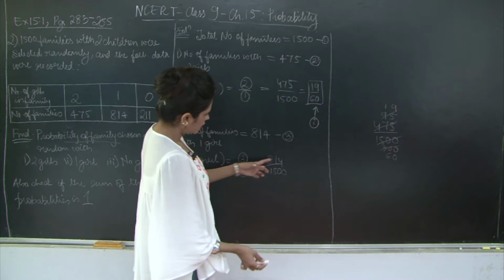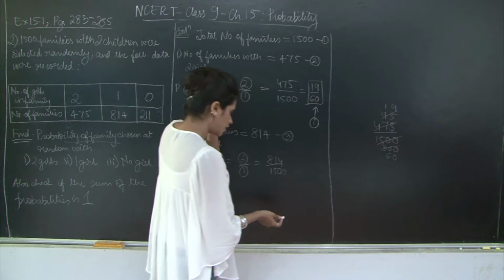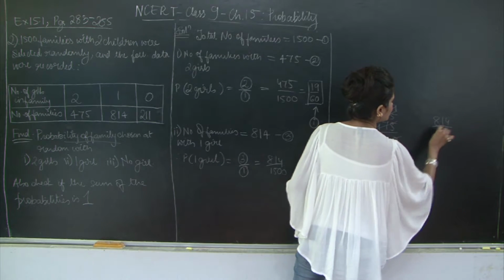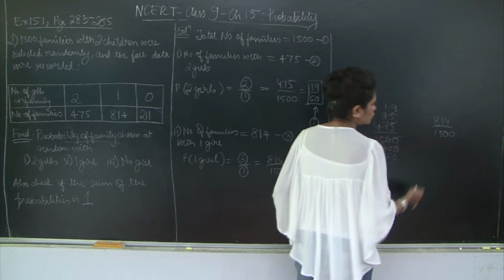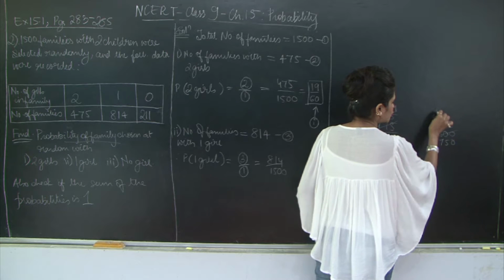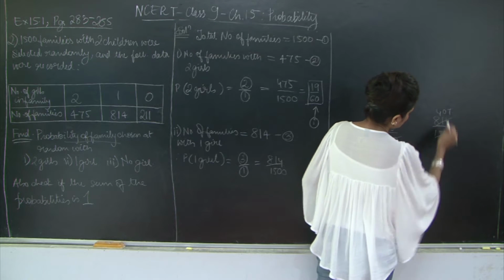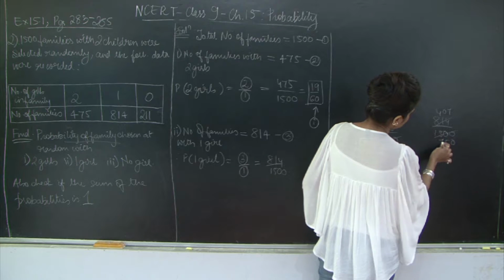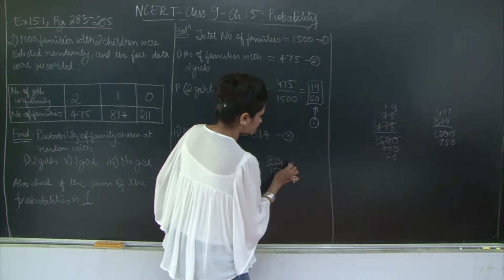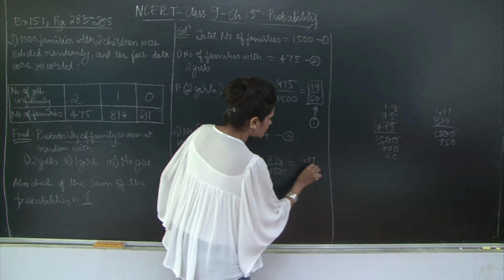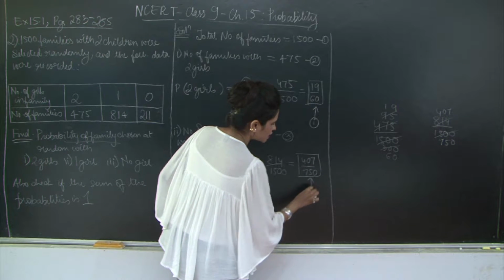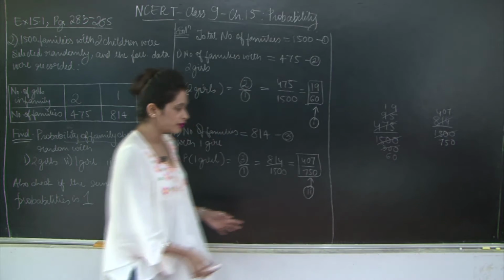So let me cancel by 2 for the starting. 2 7s are 14, 2 5s are 10, 0. 2 4s are 8, 0, 2 7s are 14. So 407 and 750. So we'll keep it as it is. 407 upon 750. Let's mark this as small Roman number 2.